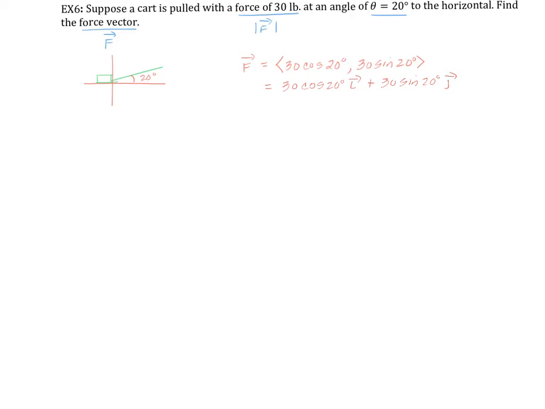So at this point I would stop, unless I was going to approximate this vector using a calculator. If I were, don't forget that you're doing cosine of 20 degrees, so make sure that your calculator mode is in degrees, not radians. And when I did it, I got roughly 28. I'll use the i since that's the last way I wrote it. I got about 28i plus 10j.